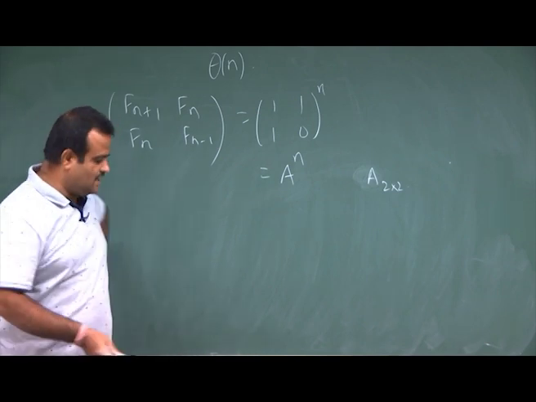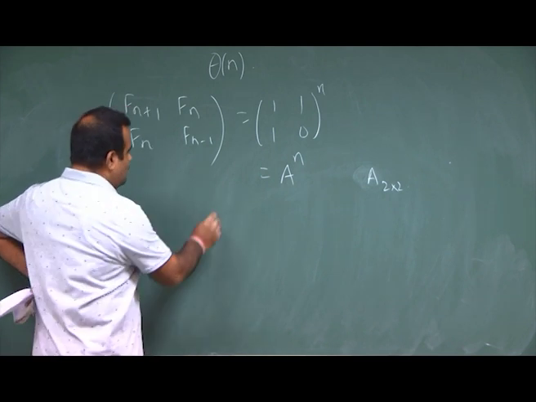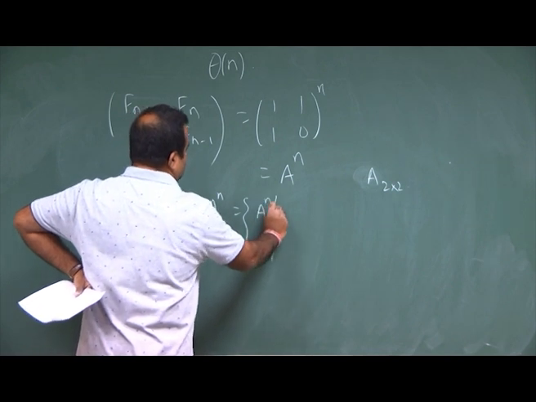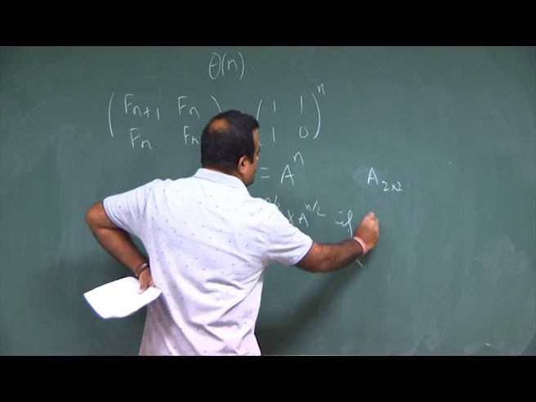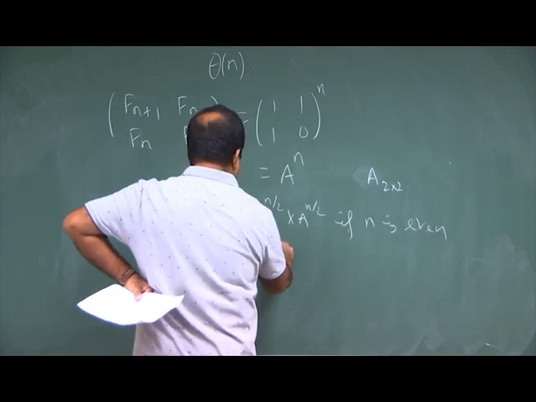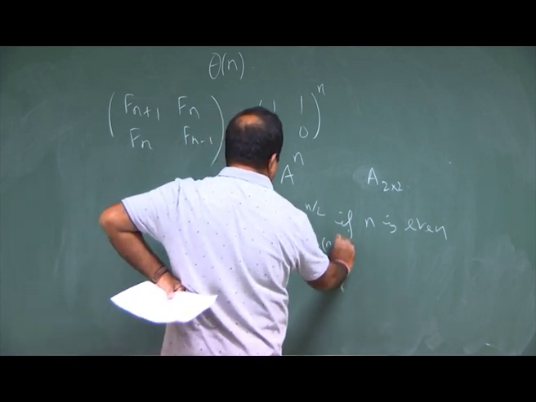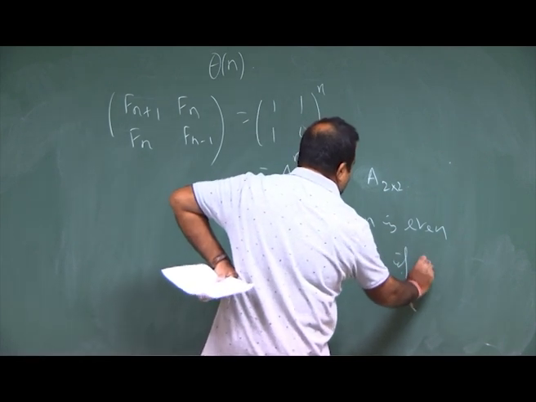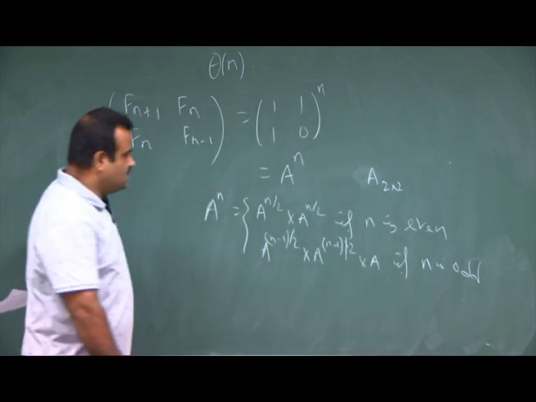We have the divide and conquer formula for this: A to the power n by 2 into A to the power n by 2 if n is even, otherwise A to the power n minus 1 by 2 into A to the power n minus 1 by 2 into A if n is odd. These are the divide and conquer steps.